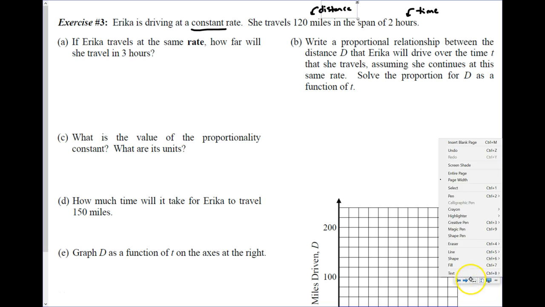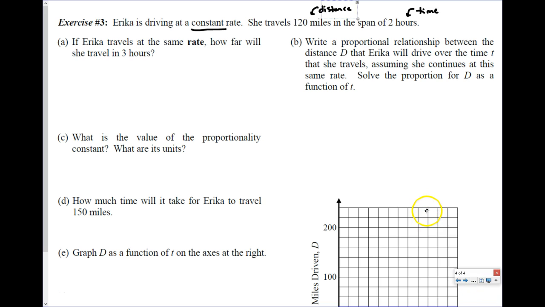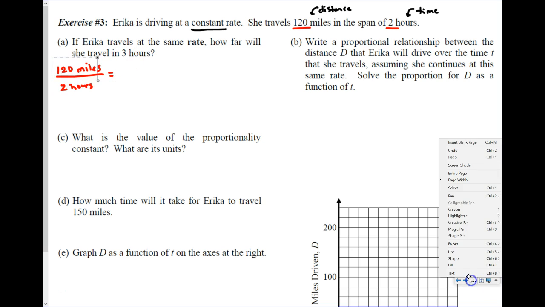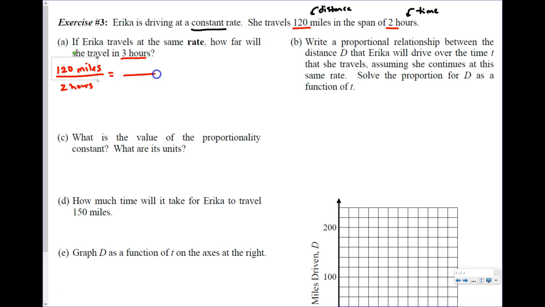So I'm going to start off like I always do with my first piece of information, this 120 and 2. So I'm going to put 120 miles over 2 hours. And then I know they give me this 3 hours right here. See how they give me 3? And now here's a tricky part. Am I going to put the 3 on top or the 3 on bottom?